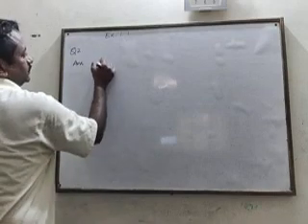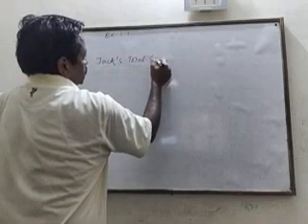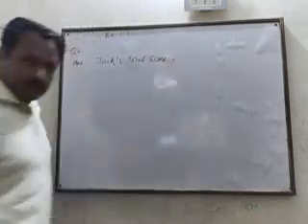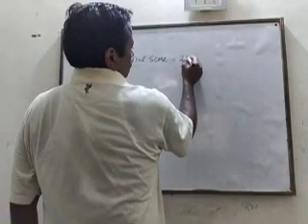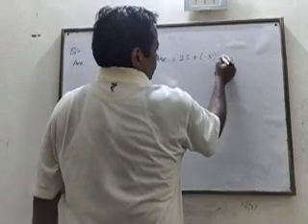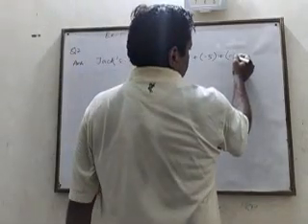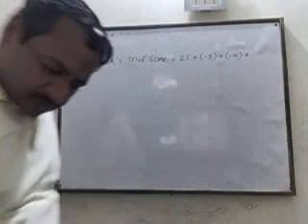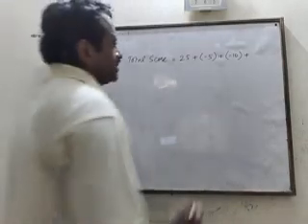Jack's total score is equal to 25 plus minus 5 plus minus 10 plus 15 plus 10.